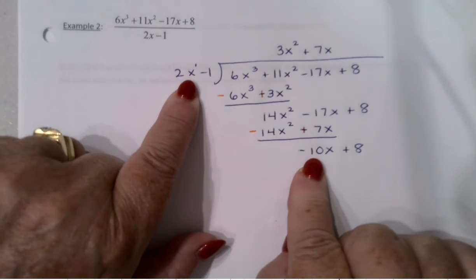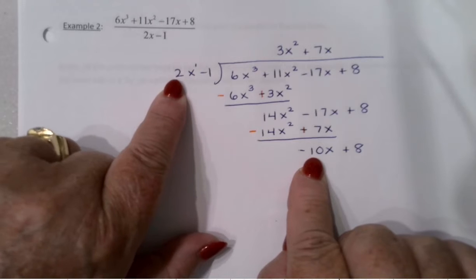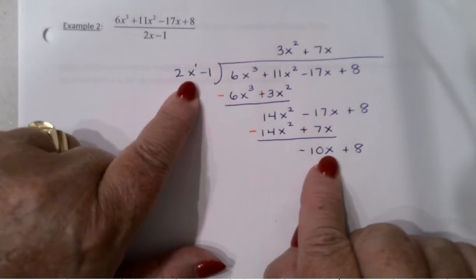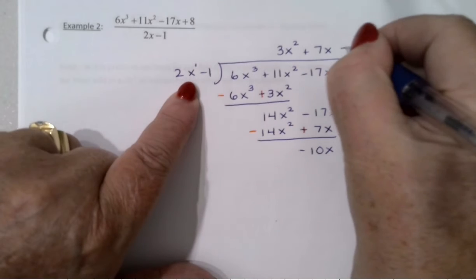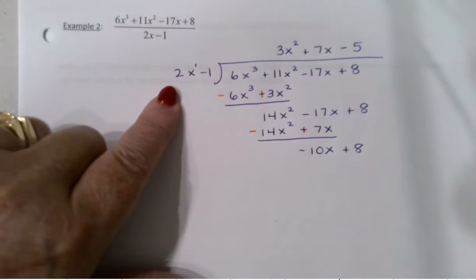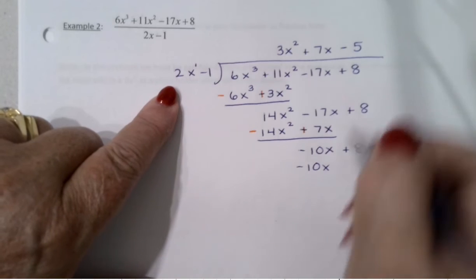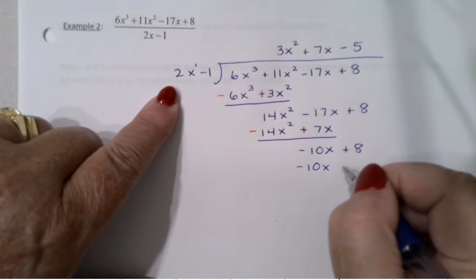All right, dividing again. Negative 10 divided by 2 would be negative 5, and the x's just divide out, so minus 5 gives me a negative 10x and a plus 5.